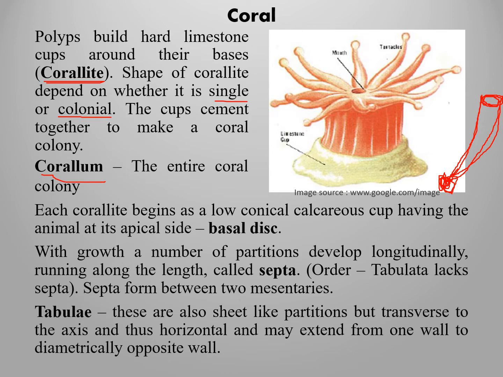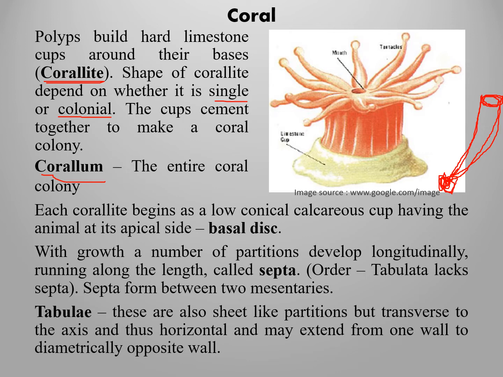The growth of this calcareous cup starts with a basal disc through which it is attached or remains fixed to a hard substrate. Now, with growth of coralites, a number of longitudinal partition walls occur within the calcareous cup, running along the length of the coralite.